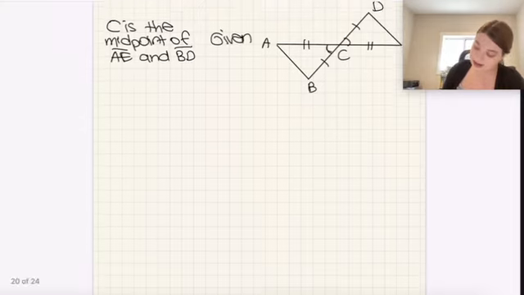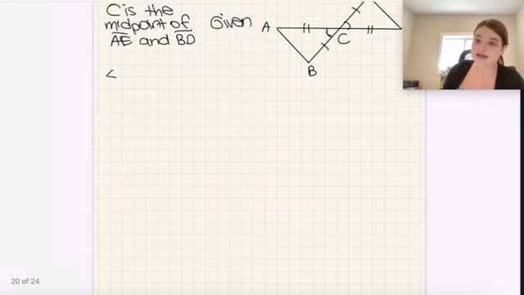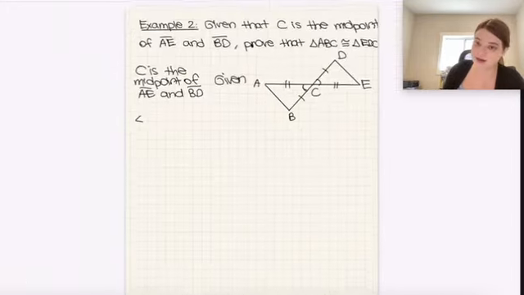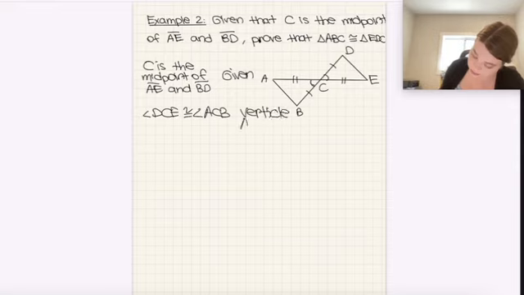The next line I'm going to write is that angle DCE, oh, it's hard to see that, sorry about that, let's zoom out a little bit. Yeah, angle DCE is congruent to angle ACB, and that is true because of vertical angle theorem. The fact that they're vertical angles.